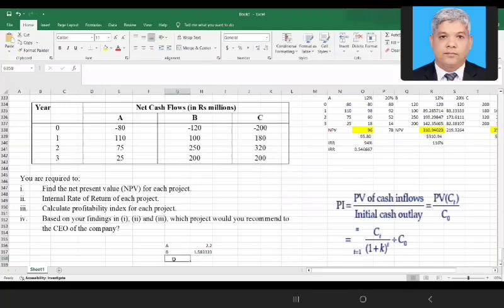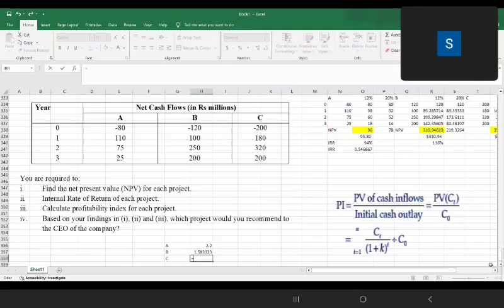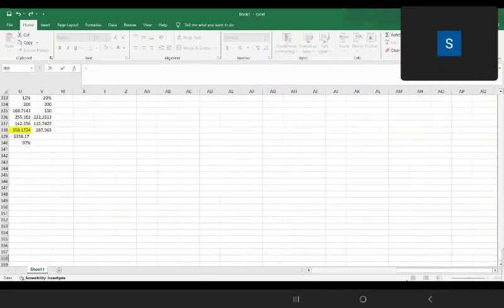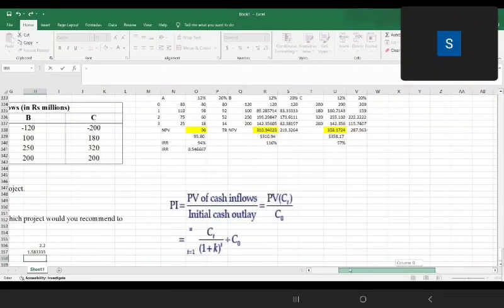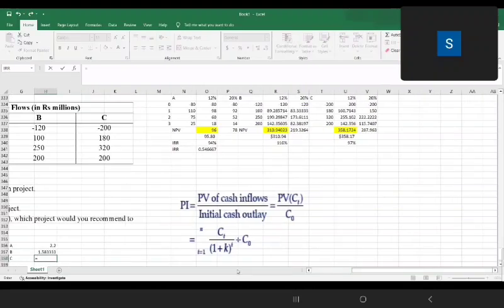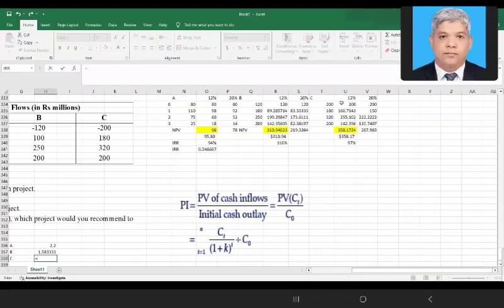In the case of project C, it is going to be 156, 58 divided by 200.